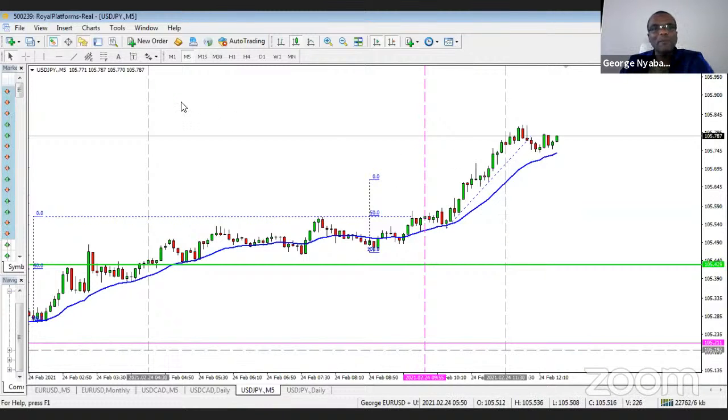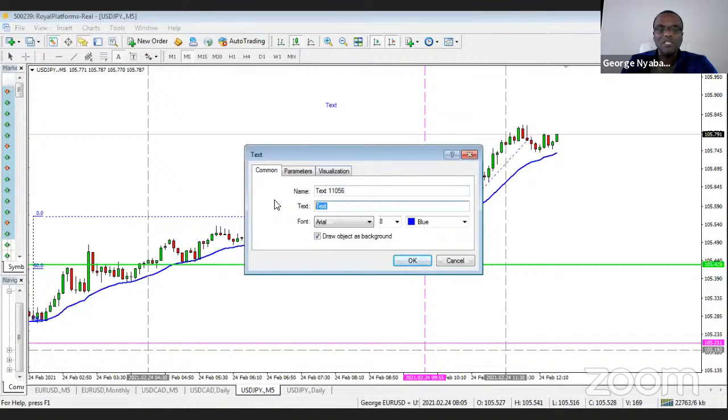The correct term, let me just put it in there so that you can see it if I start to use an acronym. Pullback. Good.